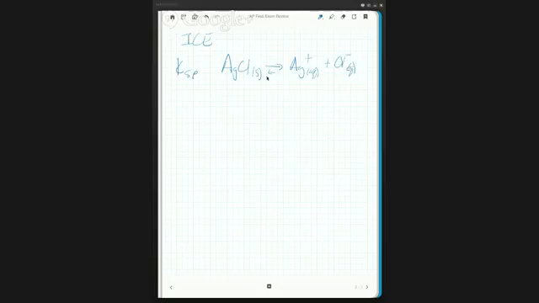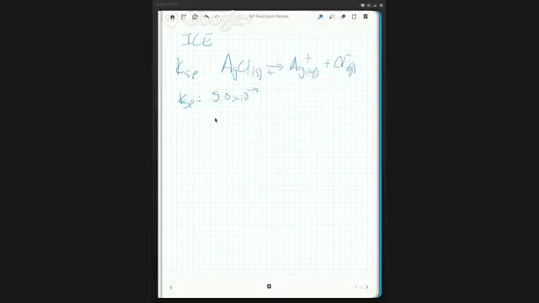Okay, and you remember that solids and pure liquids cannot be in the equilibrium equation. So for this, they're going to give you a Ksp equal to something pretty small. Let's say that it's 5.0 times 10 to the negative 10th.